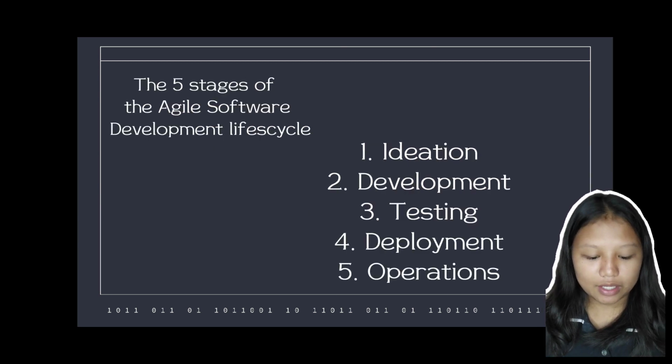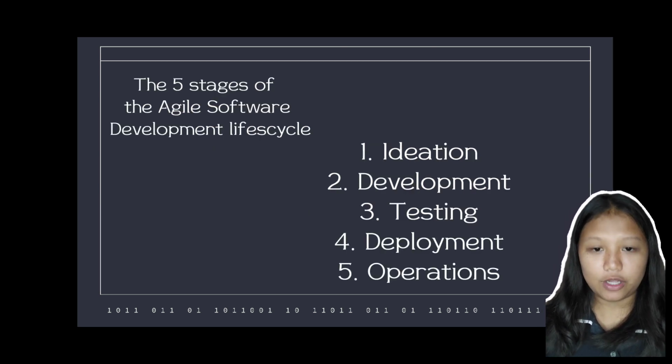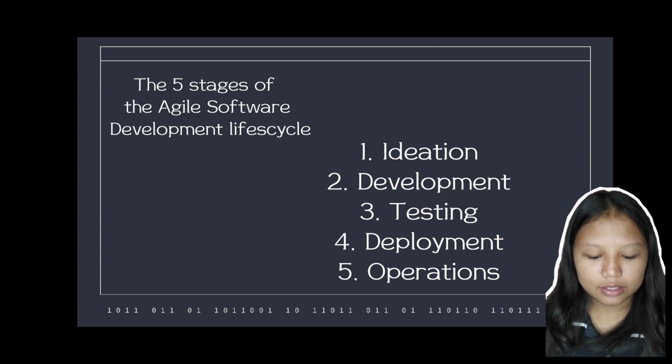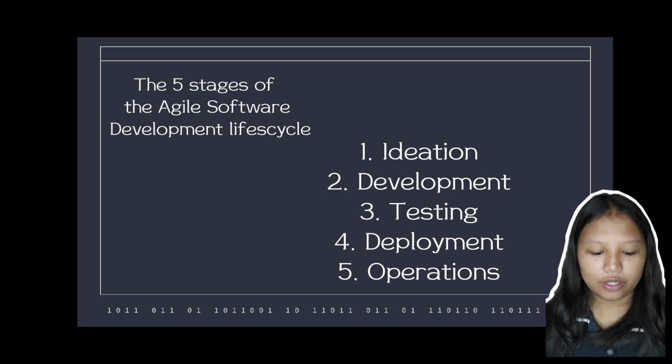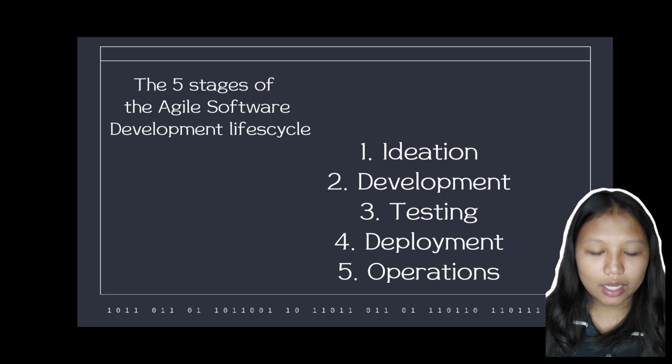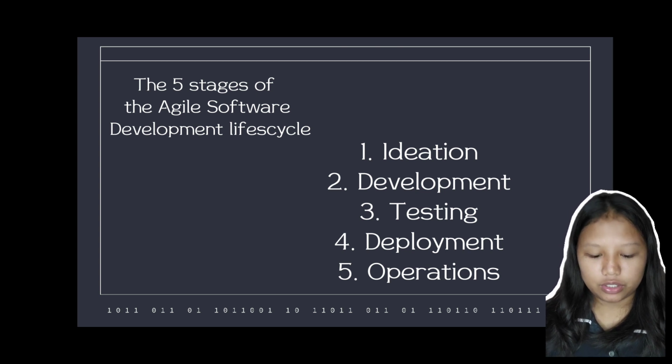There are 5 stages of the agile software development life cycle. First is ideation. All successful agile software development projects begin with an idea stage.